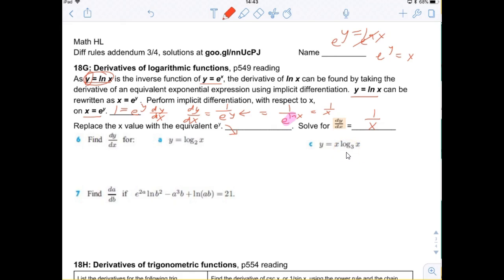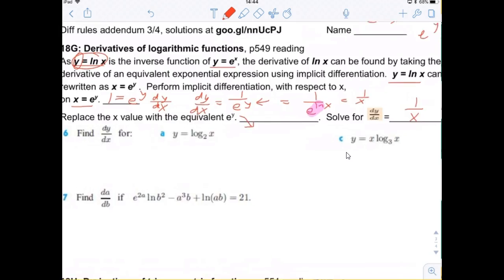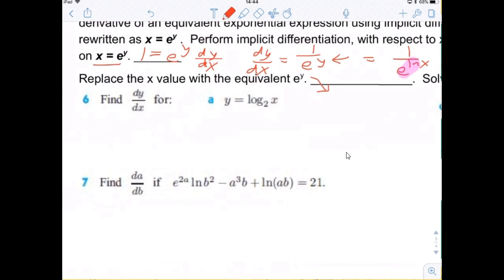I think the easiest way is to use the change of base formula, which is on your formula sheet. Remember that the log base A of B is equal to the log base C of B divided by the log base C of A.